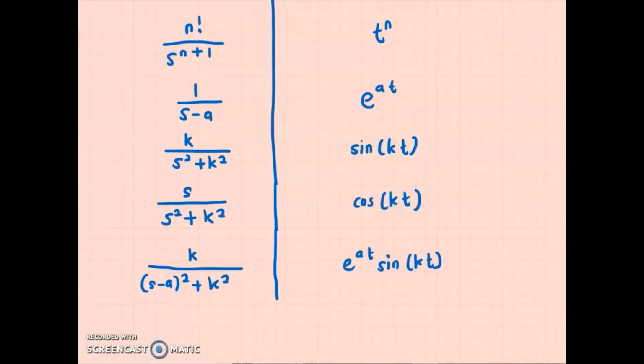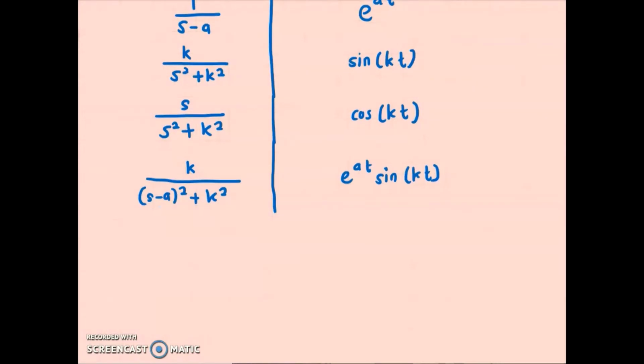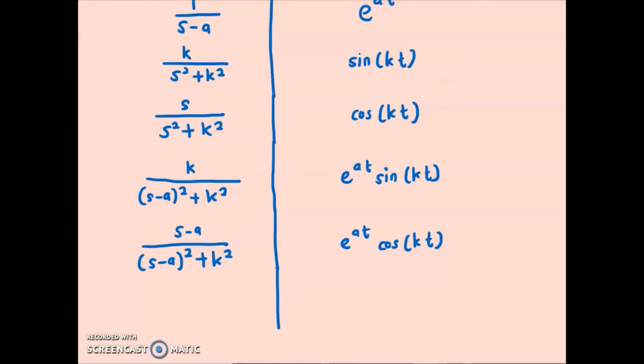With the cos, e^(at) cos kt is given by s minus a over (s minus a) squared plus k squared, and the inverse of this is e^(at) cos kt. And lastly, the Laplace transform of t^n e^(at) is given by n factorial over (s minus a)^(n+1).